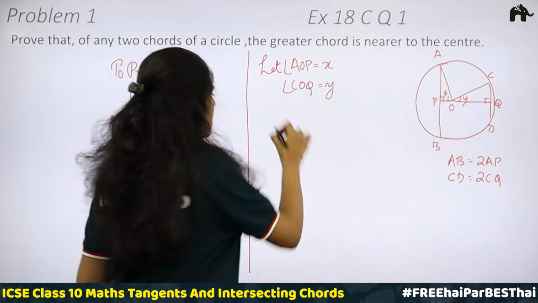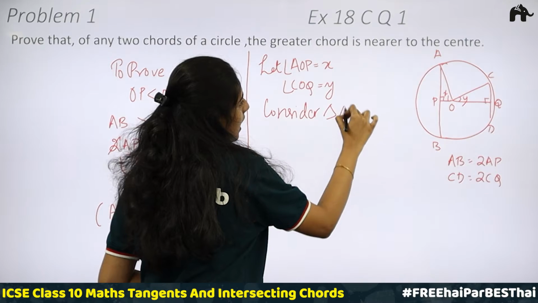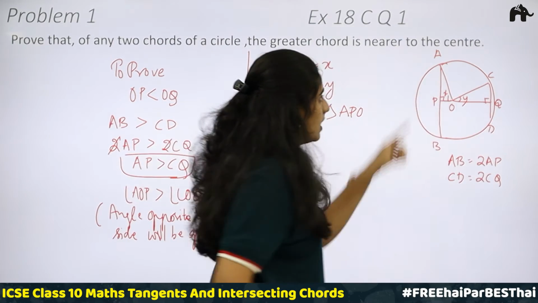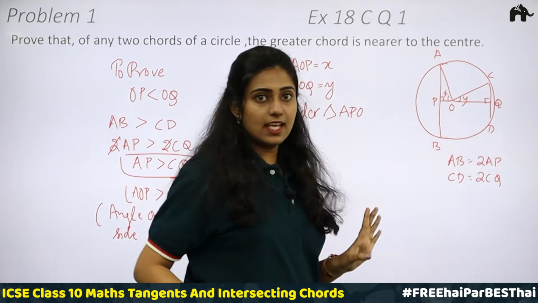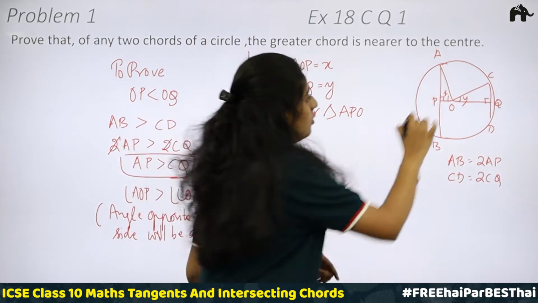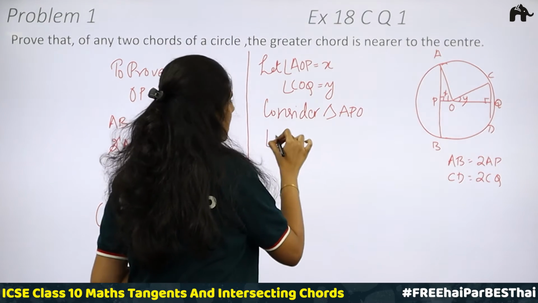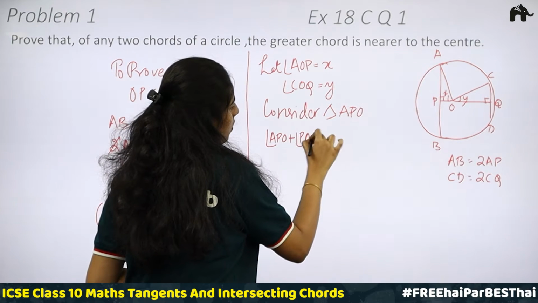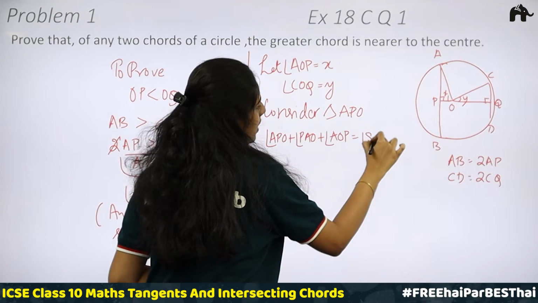Now, consider triangle APO. In this triangle, one angle we know, that is APO is 90 degrees, and AOP we have taken as X. What is PAO then? We have angle APO plus angle PAO plus angle AOP is equal to 180 degrees.